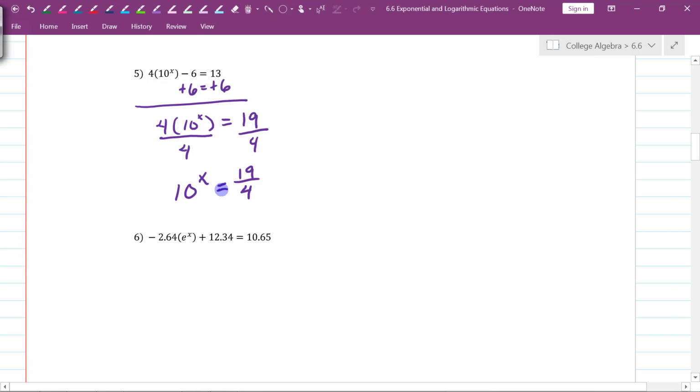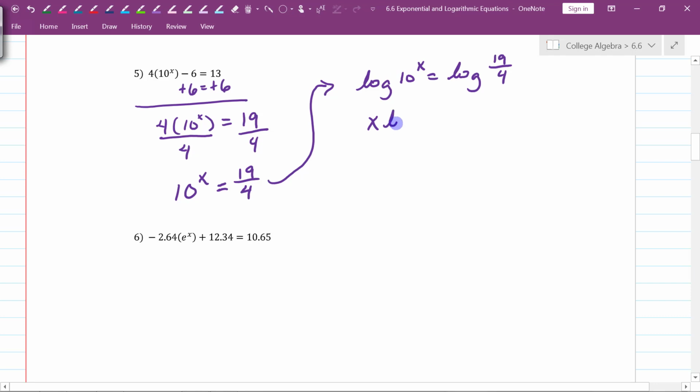Now I have an exponential equaling a number. I can take the log of both sides. So taking the log of both sides, I have log 10 to the x is equal to log 19 divided by 4. Apply the power rule.